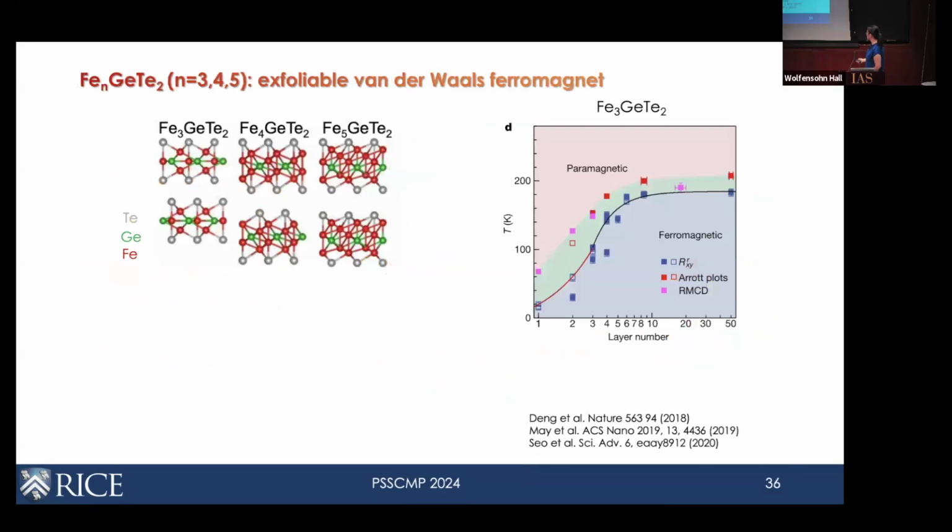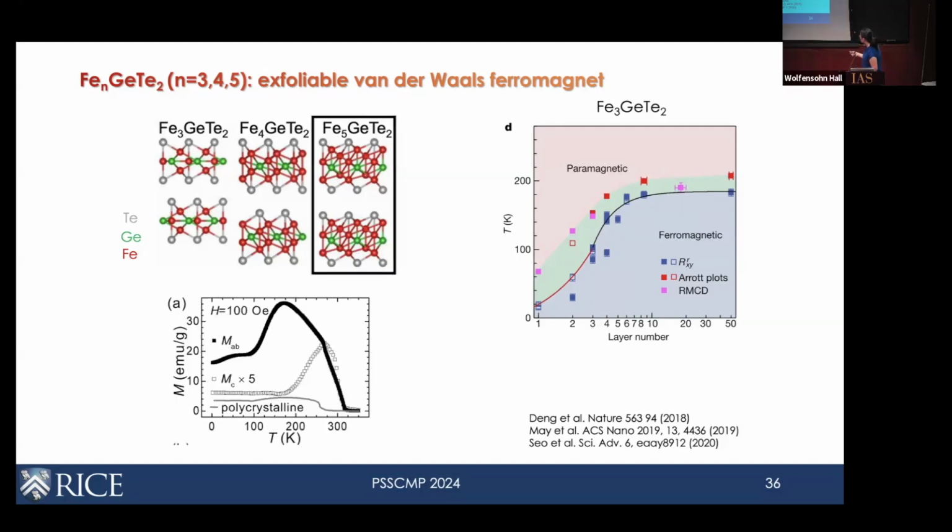The reason is, of course, we found this in a real material, and that material is none other than this 2D van der Waals ferromagnet, iron germanium telluride, which was discovered a couple of years ago. This is a large family of exfoliable van der Waals ferromagnets, which have been found to retain long-range magnetic order even when you exfoliate down to monolayer.